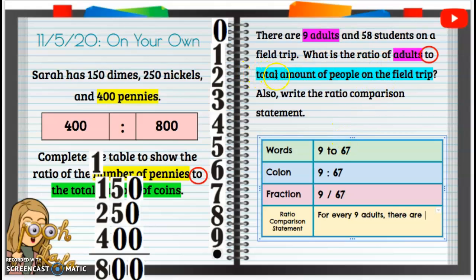What's the next thing? Total people. There were 67 total people on the field trip. So for every 9 adults, there are 67 total people on the field trip. And that is it for on your own. Great job.